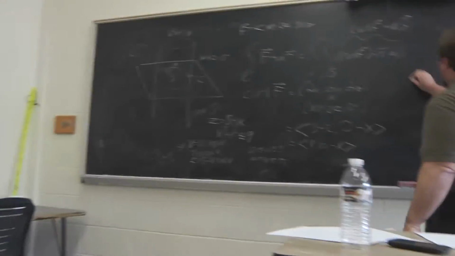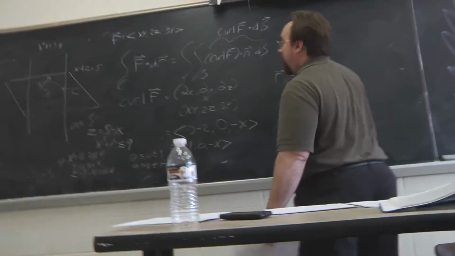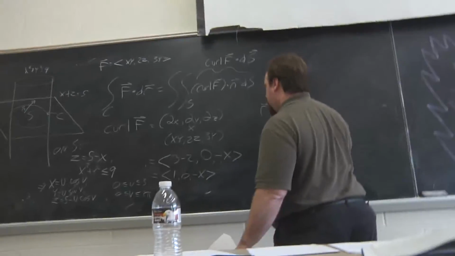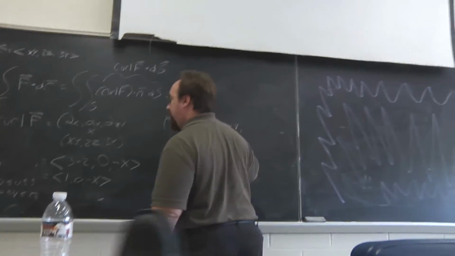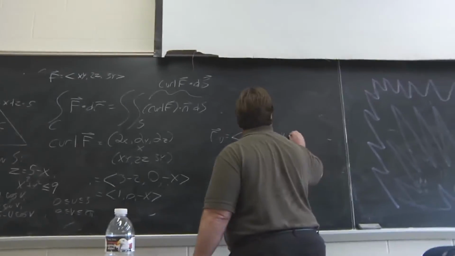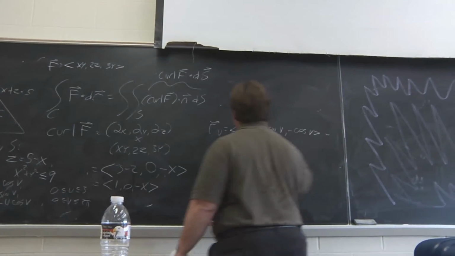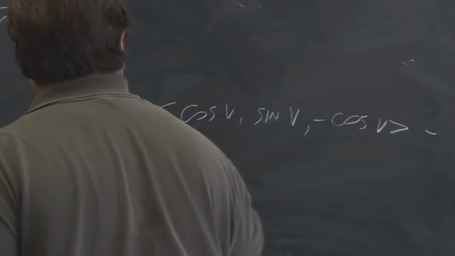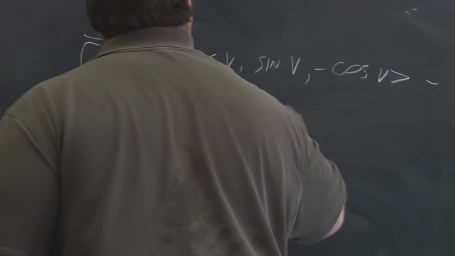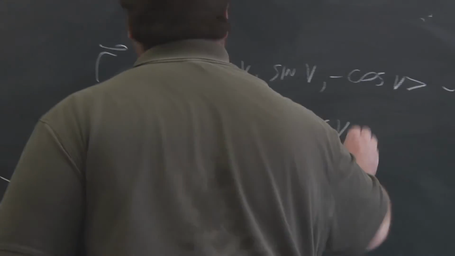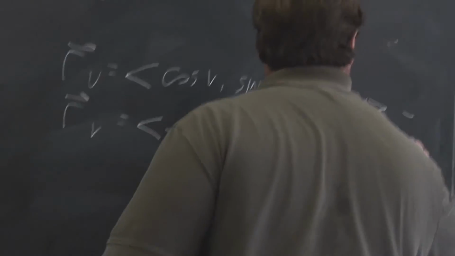So we have Ru, that would be cosine v, sine v, minus cosine v. And then Rv is going to be minus u sine v, u cosine v, and then u sine v.